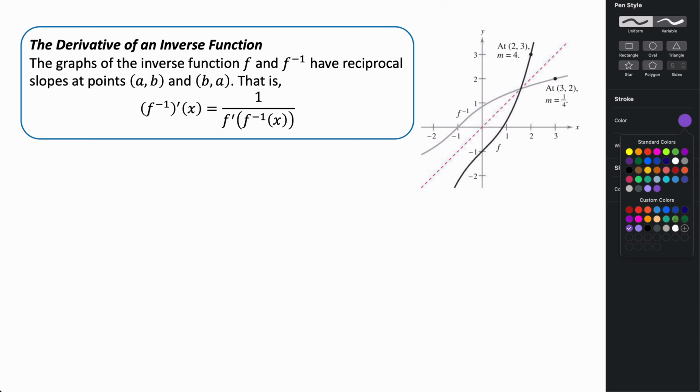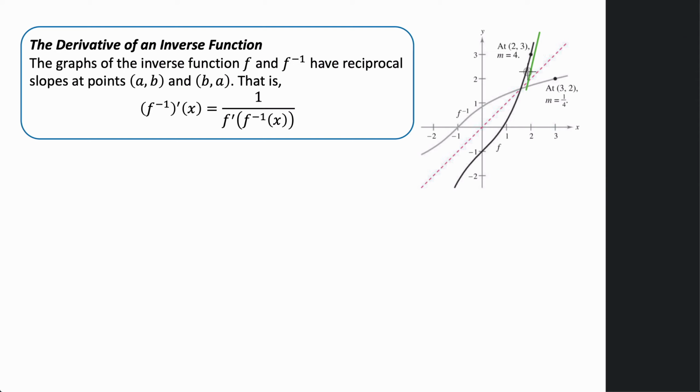And you can kind of see that demonstrated here. So here we have some curve f, and if we look at the tangent line to our curve at this point here, we're told that its slope is 4, and then for the inverse function here, the slope of its tangent line is going to be 1/4.